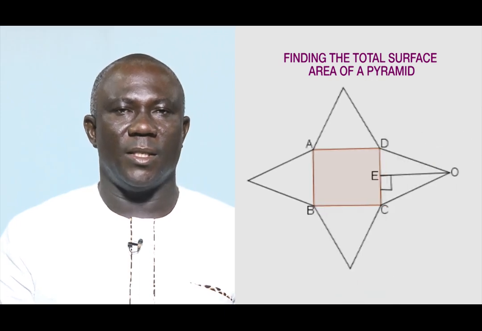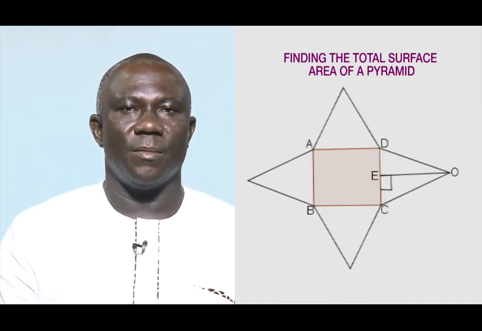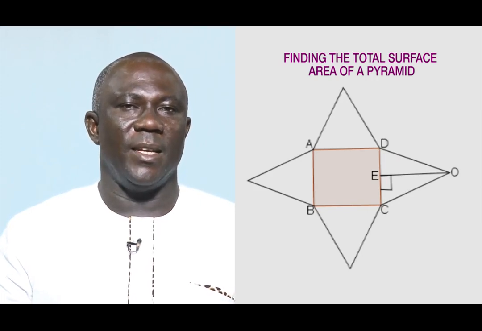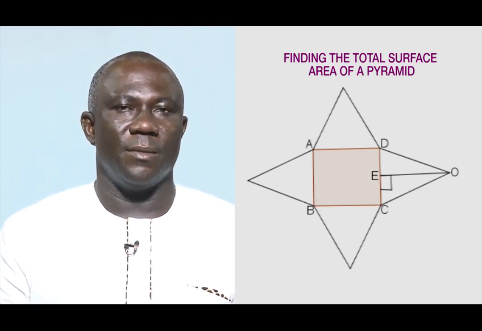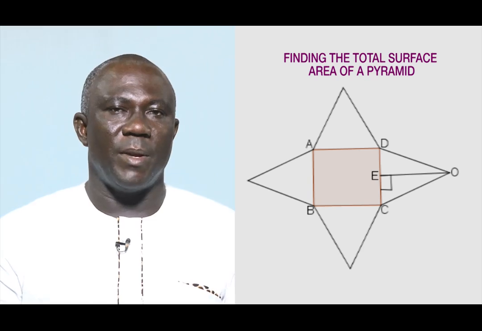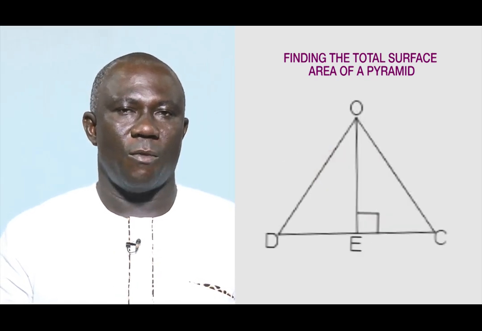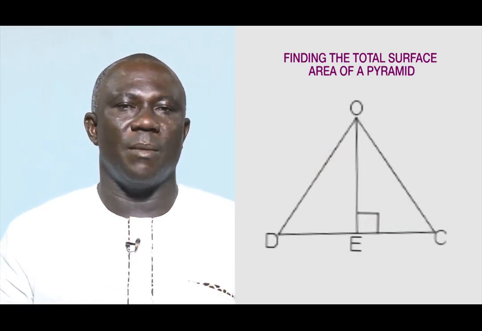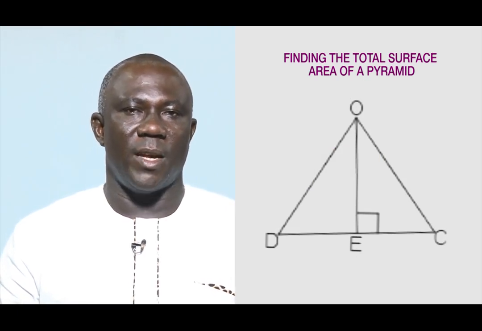You can see the net of the pyramid. We first find the area of one triangle and then multiply by 4 to get the total sum of the areas of the triangles. We then find the sum of the area of the base and triangles to obtain the total surface area of the pyramid.